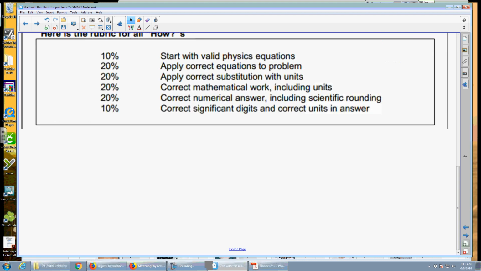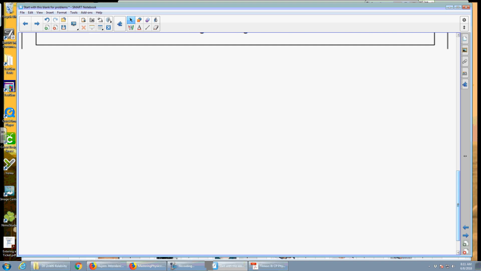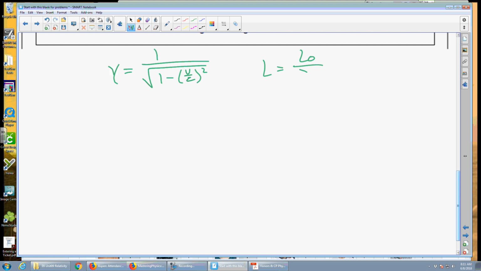So, need some equations again. Let's see. No, we're going to need gamma. And then we should have that L equals L naught over gamma, right? So what's the relationship between L and L naught, given that gamma is always greater than 1?